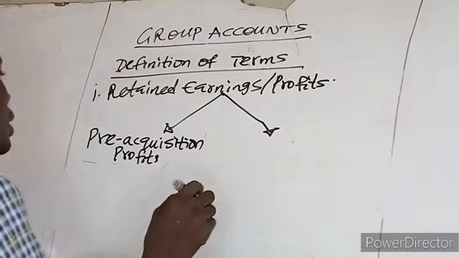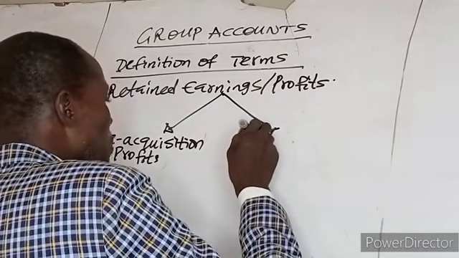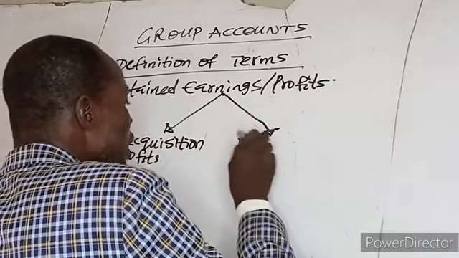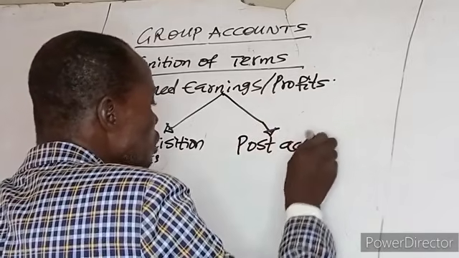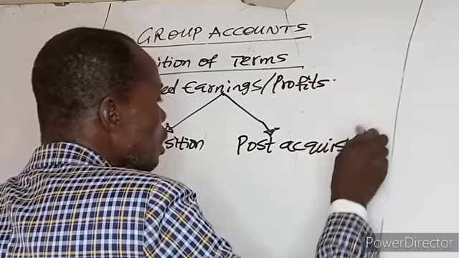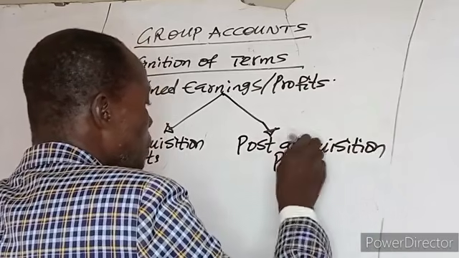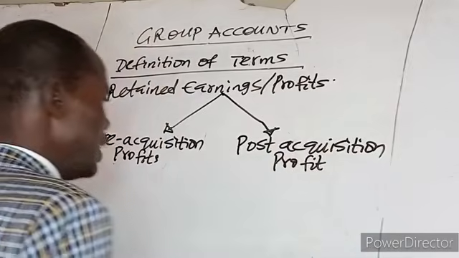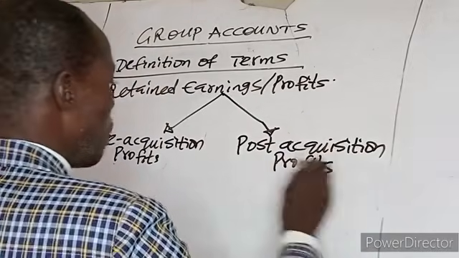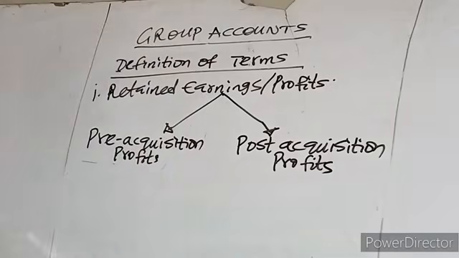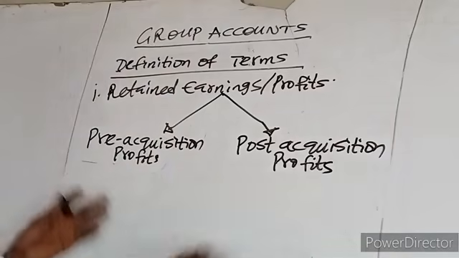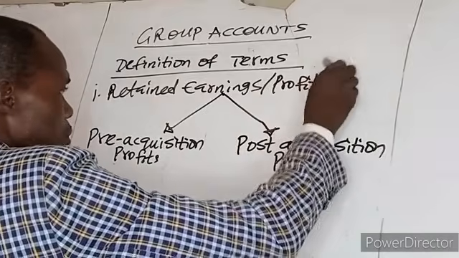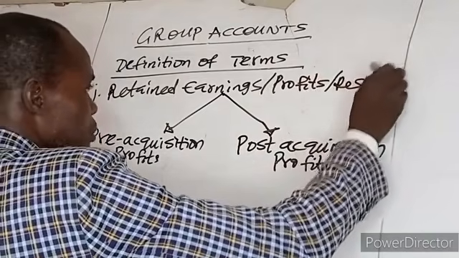The one relating to the post-acquisition period, we call post-acquisition profits, post-acquisition retained earnings, or post-acquisition reserves. Whether reserves, profits or earnings, they are all the same. Any of the terms may be used.